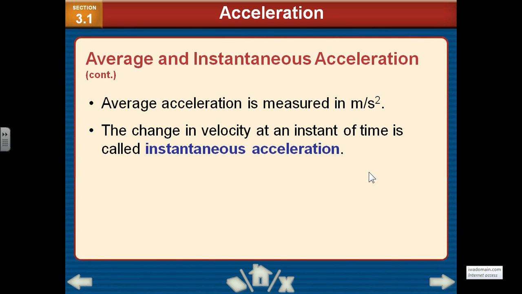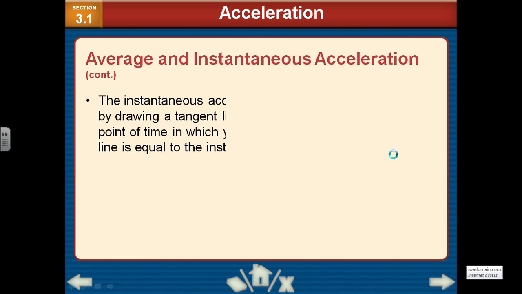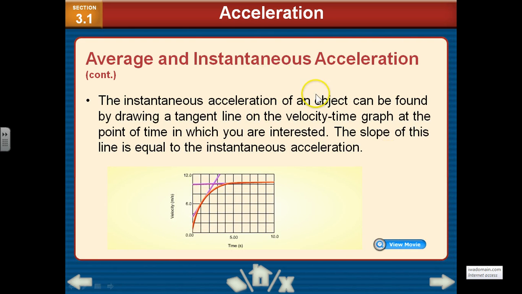This describes something called instantaneous acceleration. What is the acceleration at that particular time? The instantaneous acceleration of an object can be found by drawing the tangent line to the velocity graph like this. You'll see the instantaneous acceleration is changing over time. Here we have a fairly fast acceleration. Here the acceleration is slowing down.